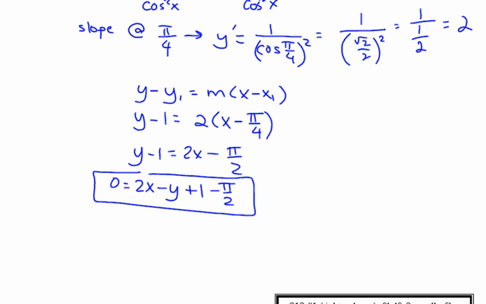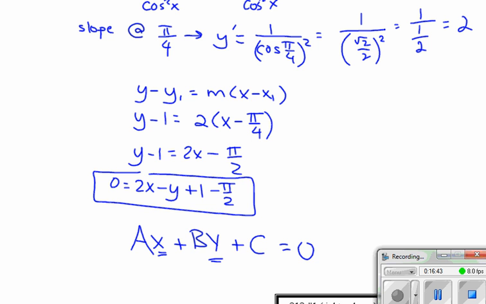In general form, it's ax plus by plus c equals 0. A lot of you were putting your y's at the end and not x first, then y. It's the same thing, but it's how we properly write it.